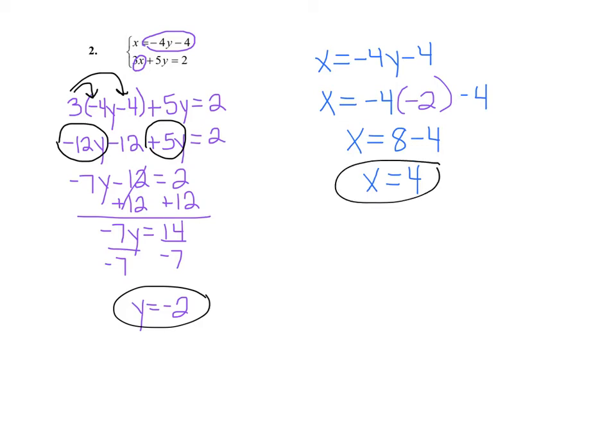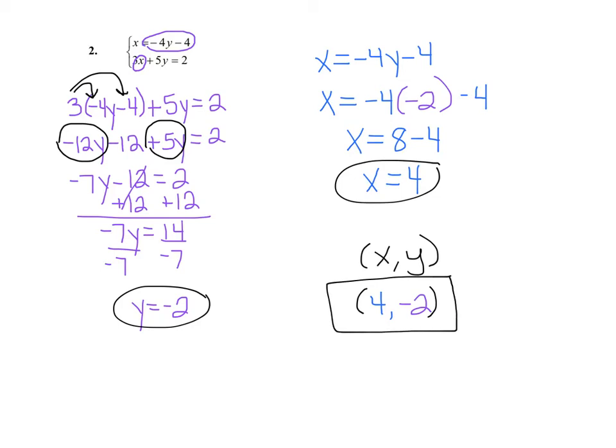So x equals 4. Your last step is to write your coordinate as (x, y) as your final answer. So my x value we found was 4, and our y value we found was negative 2. So our final answer is (4, negative 2).